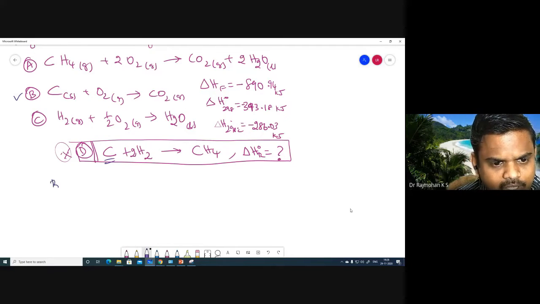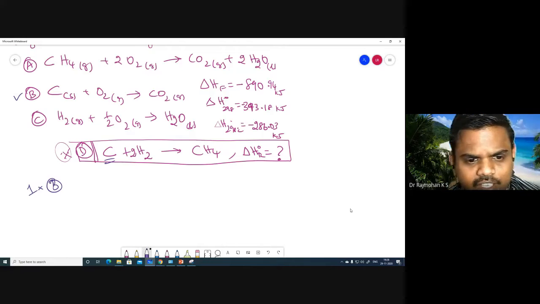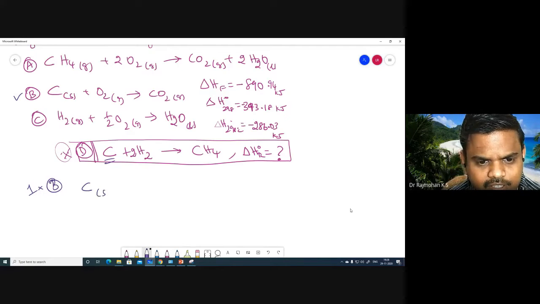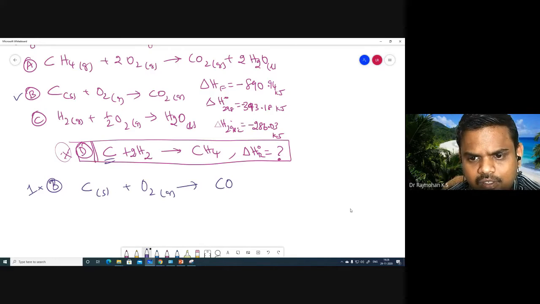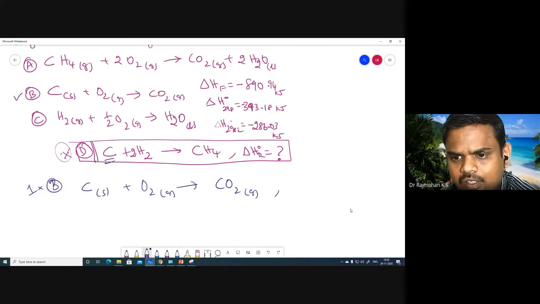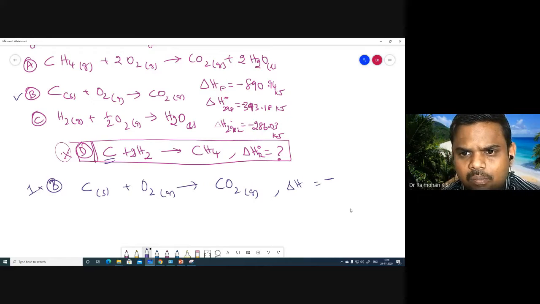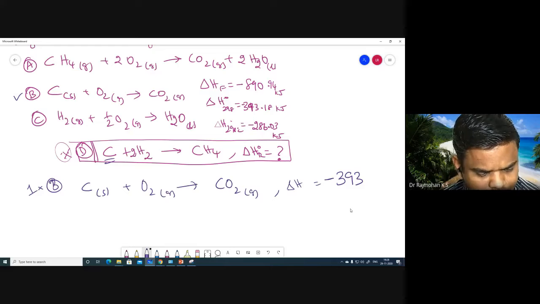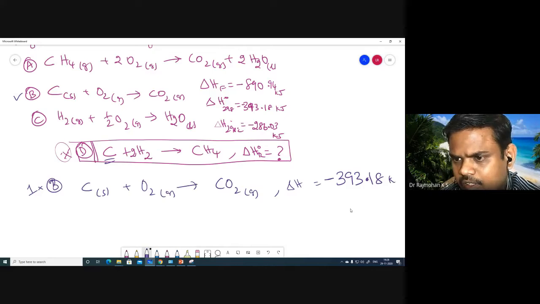So I can take B as the first reaction, and the multiplying factor is only 1 because nothing extra is required. So I can just write as it is, that is C solid plus O2 gas giving CO2 gas, delta H value is minus 393.18 kilojoules.